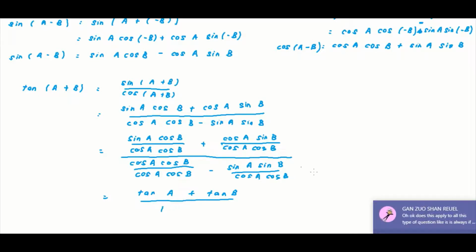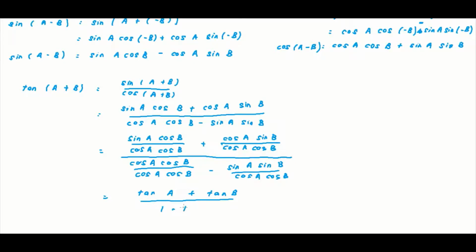And then after that, next, it's going to be sine A sine B over cos A cos B. So what do you left here? You can't cancel anything. So that's why sine A over cos A will give you tangent A, then after that tangent B. So we get our first compound formula for tangent A plus B, which is tangent A plus B is actually equals to tangent A plus tangent B over 1 minus tangent A tangent B.